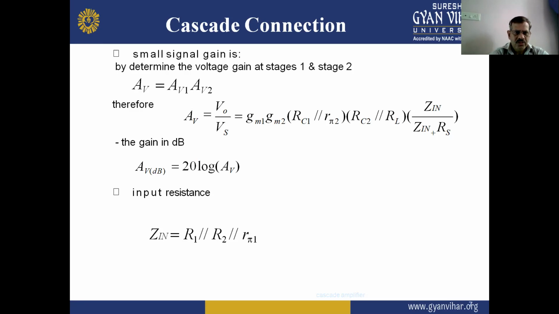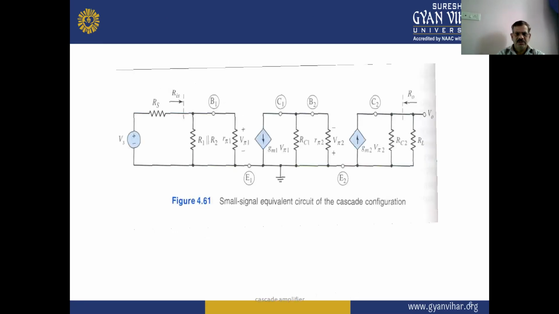So the gain in decibel will be Av equal to 20 log of gain Av.